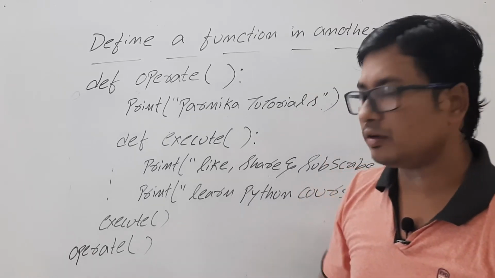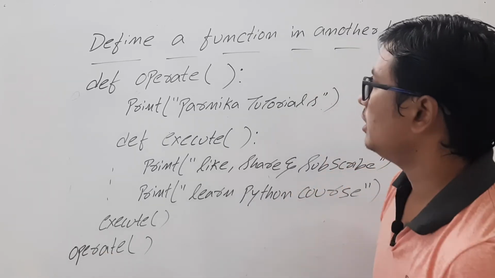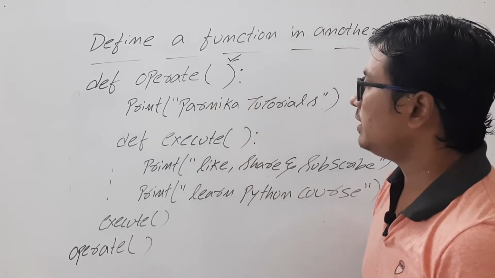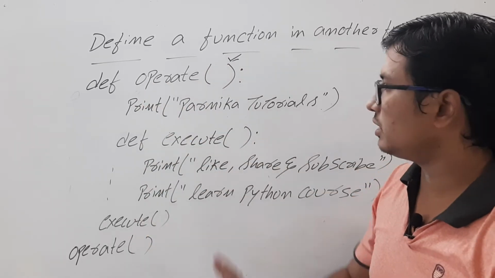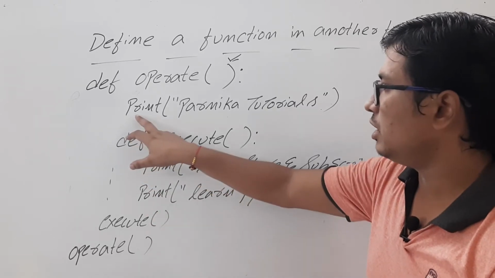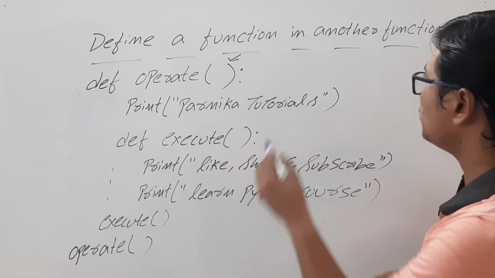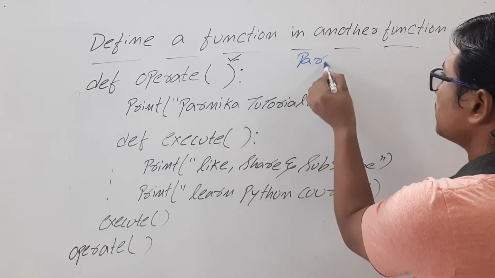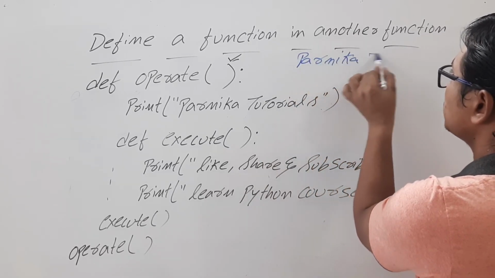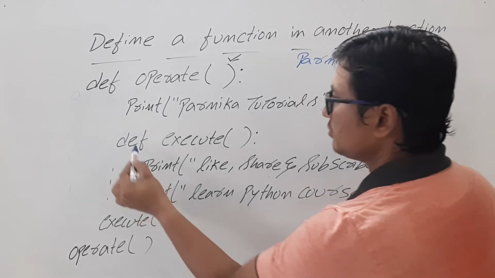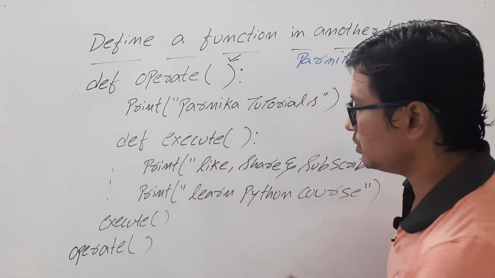Once I call the function operate, the control will go to the function definition called operate. Then all the statements inside will be executed. Look at the first statement, print Parnika tutorials, so you will get the output Parnika tutorials. That is okay. Then you have the function definition called execute. This is also okay.